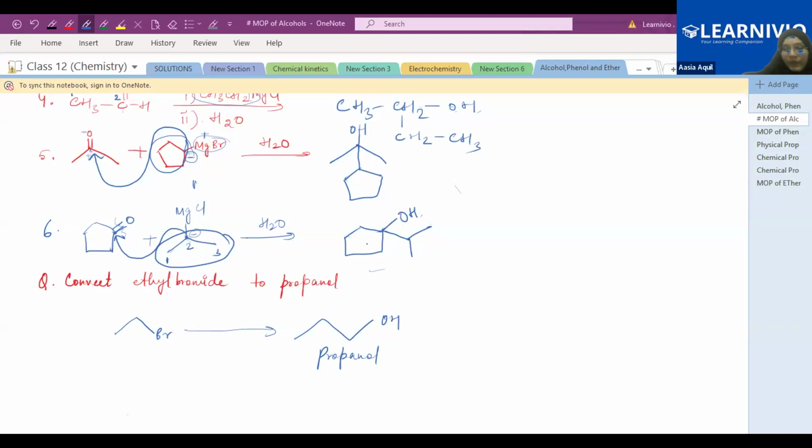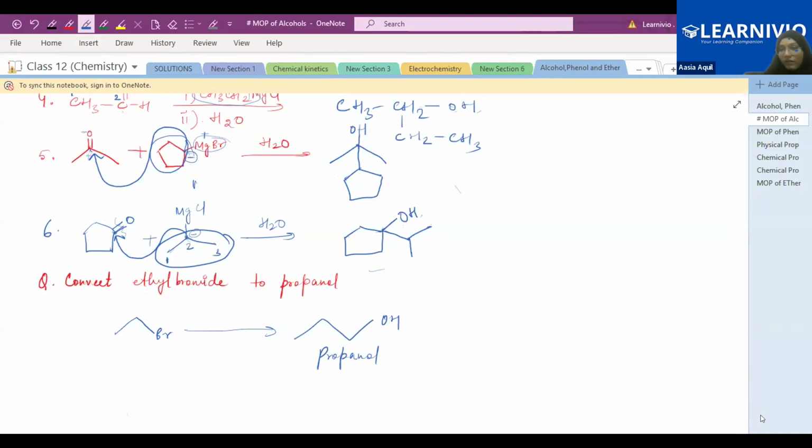Done? Okay, now see. Here's a question: convert ethyl bromide to propanol. How will you convert ethyl bromide to propanol? Anyone? How can we convert ethyl bromide to propanol, which is alkyl halide to alcohol?